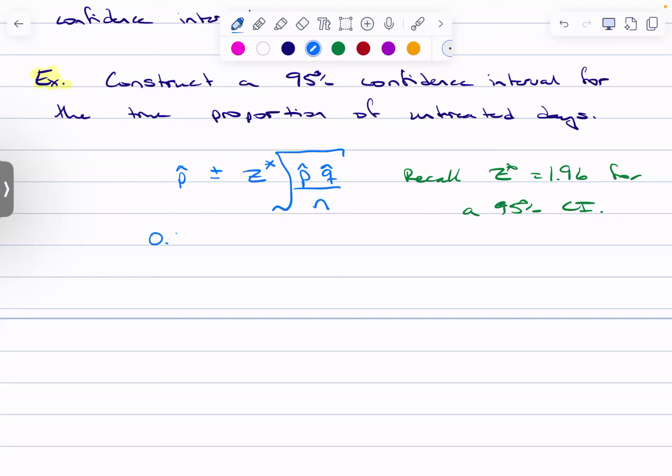Okay. Our p hat was 0.197. And then I have to move out 1.96 standard errors to capture the central 95% of the curve, right? I do expect you to be able to find this Z star, but we're kind of over it.